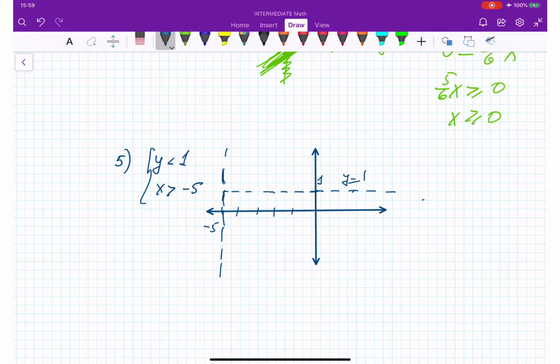So y is less than 1, x is greater than negative 5. So it's going to be shaded like this, right? Greater than negative 5. And y is less than 1. It's going to shade like this. Yes? So what does that mean? The shading area is going to be this piece, because that's where they are overlapping.